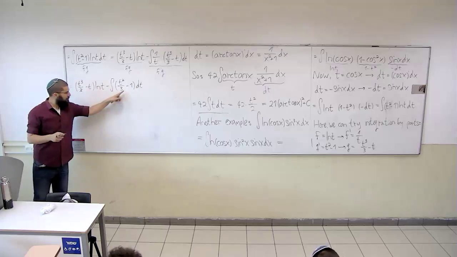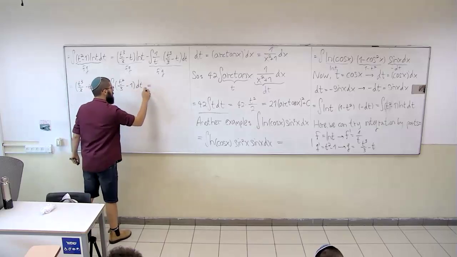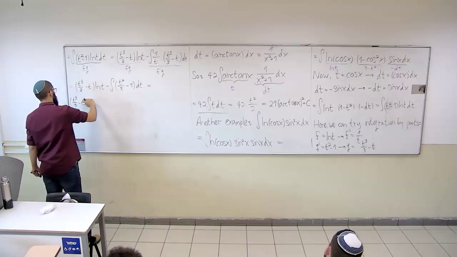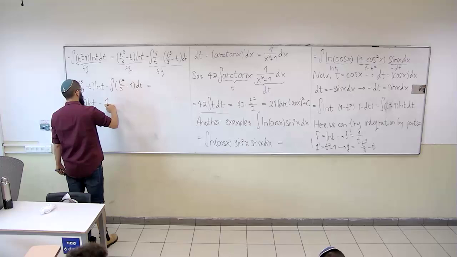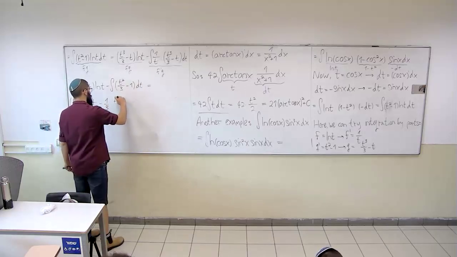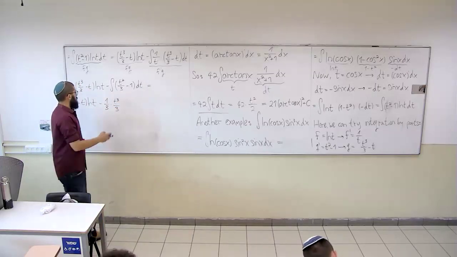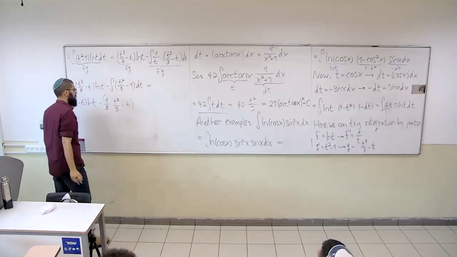So both of the components here are immediate. One gets t to the power of 3 above 3, and 1 becomes t.